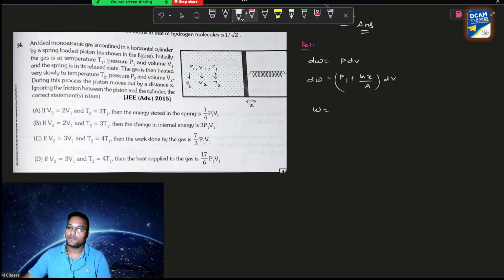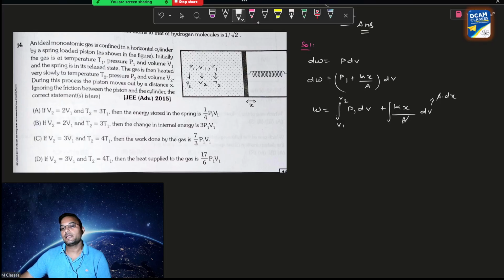The work done will be the integration of P1 dV from V1 to V2, plus the integration of kx by A dV. I can write dV as A dx in this case.